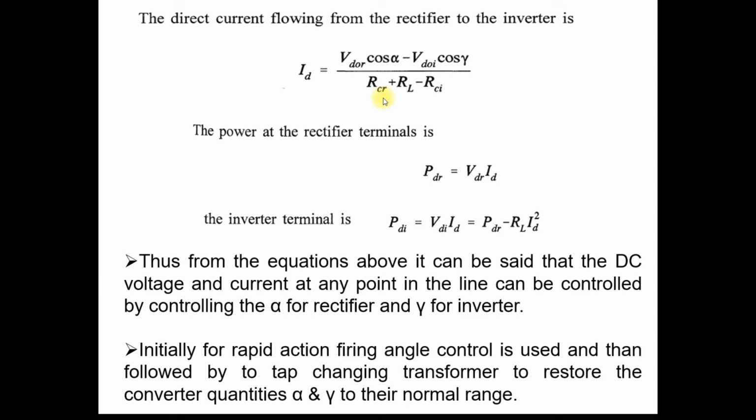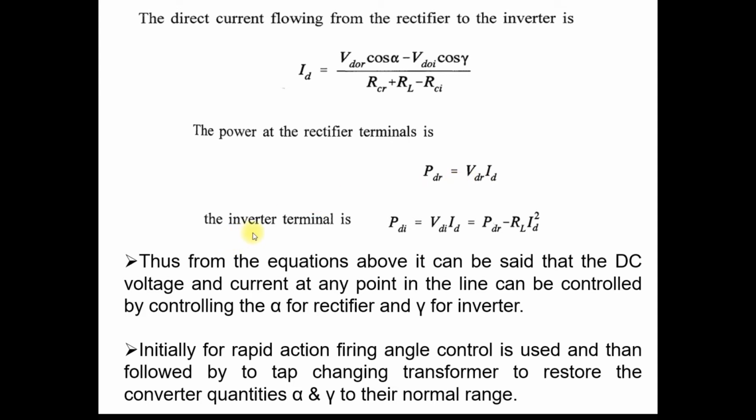So this is the current flowing into the DC line. Here, if you put cos gamma in terms of cos beta, this commutating resistance is positive. Clear? So power at the rectifier terminal, as we know, is the voltage at the rectifier terminal VDR into ID.